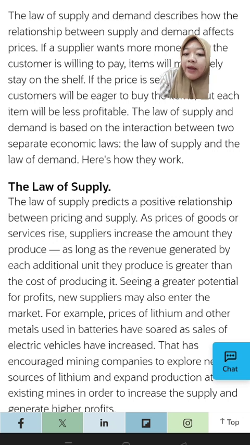The law of supply. The law of supply predicts a positive relationship between pricing and supply.